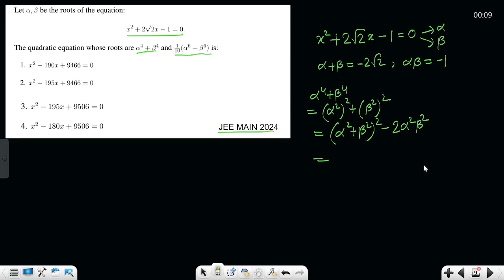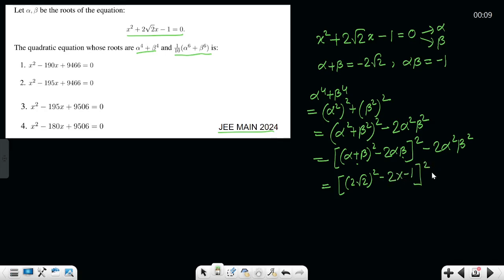Now alpha square plus beta square can be expanded as alpha plus beta whole square minus 2 alpha beta, whole square, minus 2 alpha square beta square. Here we know the values of all the quantities, alpha plus beta and alpha beta. Here also it is alpha beta whole square. So put it there. We will get 2 root 2 whole square minus 2 into minus 1, whole square, minus 2 into minus 1 whole square.